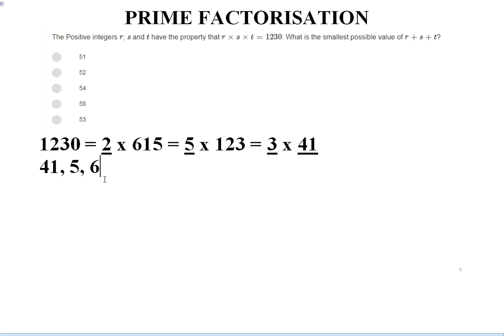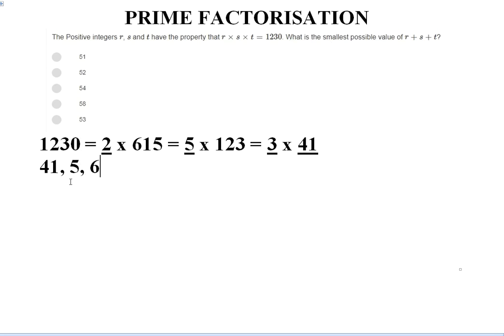They're not the prime factors because we multiplied 2 times 3, because we're only looking for 3 numbers here. 41 times 5 times 6. 5 times 6 is 30. 41 times 30, it'll be 1230. So these will be the 3 numbers with the smallest total possible value you can come up with. All right, that multiplies to 1230.